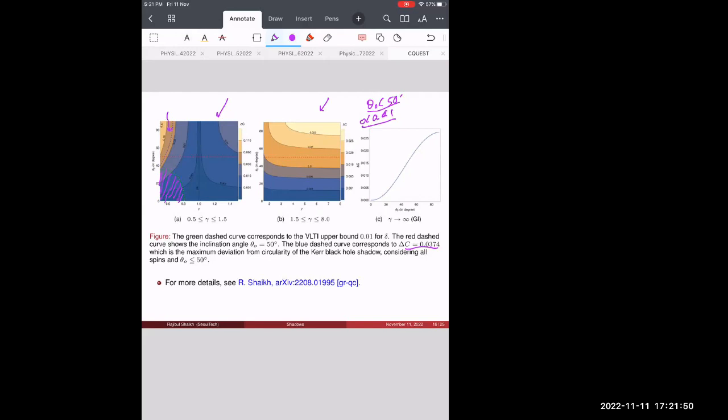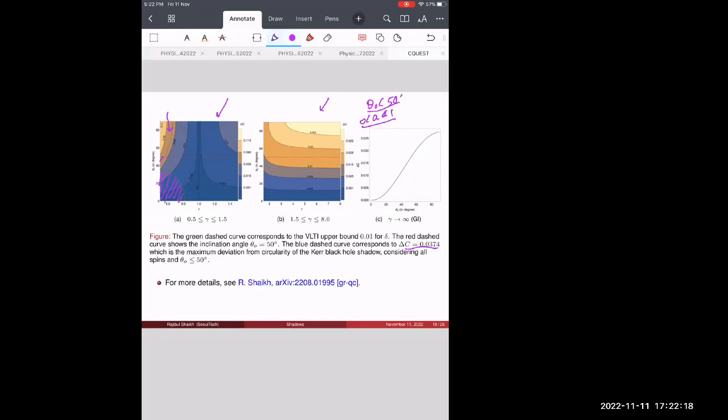Therefore, if we assume that the observed shadow will be consistent with the Kerr, that means the observed shadow will have the deformation from circularity delta C similar to the Kerr black hole. Therefore, in order that this gamma metric is consistent with the observed value, we should have the deformation to be less than or equal to that of the Kerr black hole.